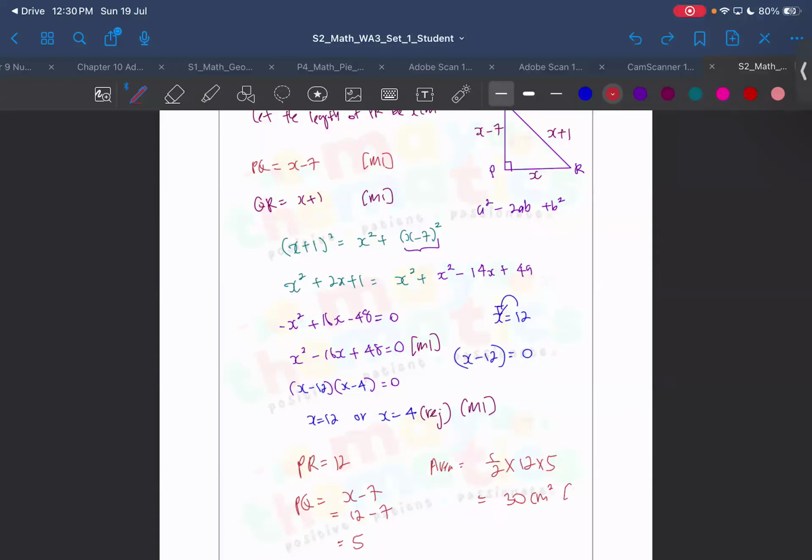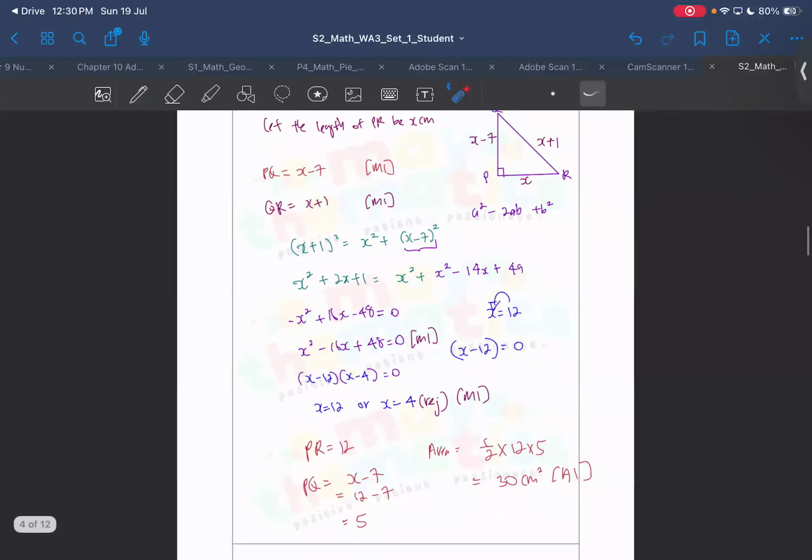Another 1 mark here. 6 marks, this question. That's why I don't leave blank, because simply writing the algebraic expression will give you 2 marks really. No need to explain area, right? You all know, half times base times height. So the answer is 30.